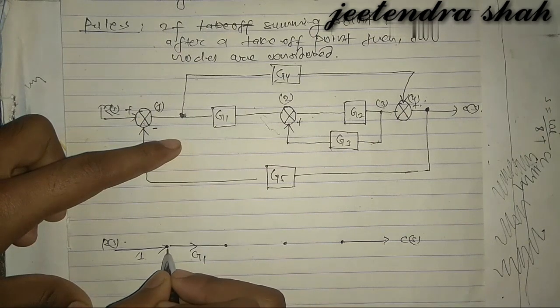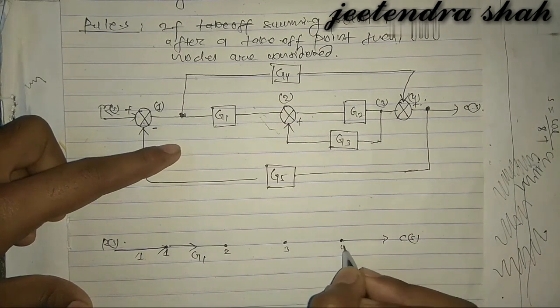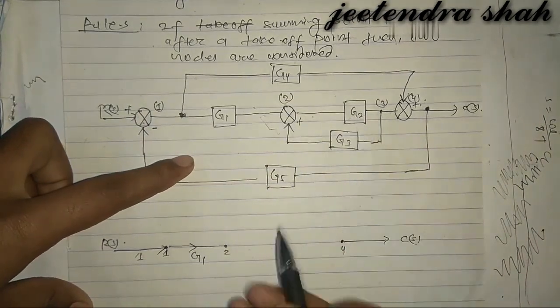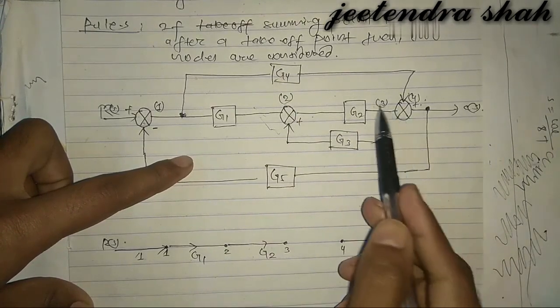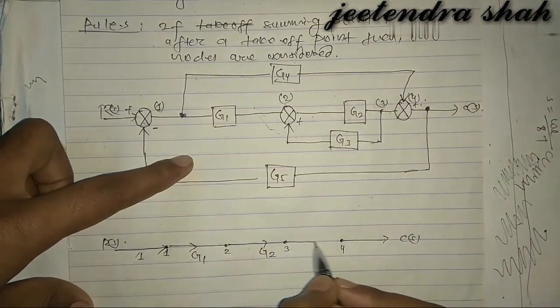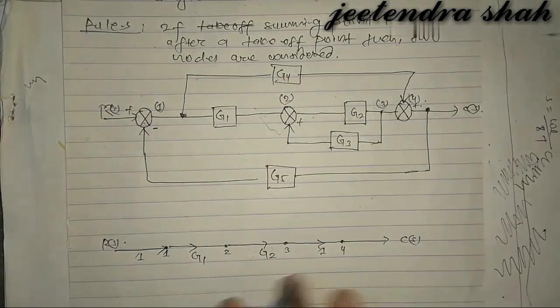Between the nodes 3 to 4 there is nothing, so we will write 1 here, meaning a unity path.